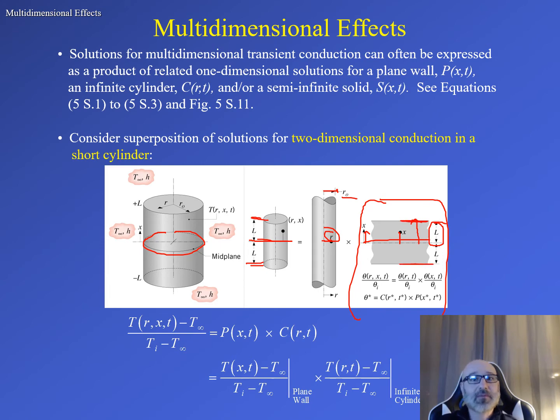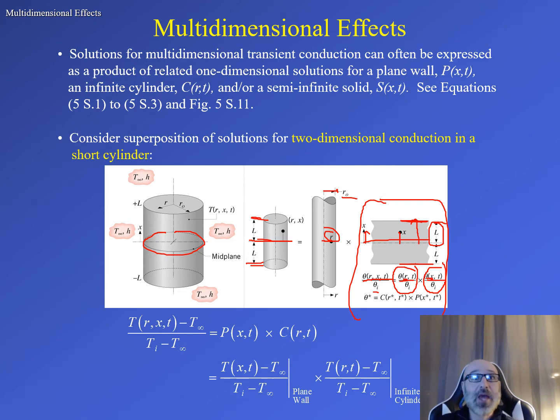Now, taking a look at this relationship, we're talking about our theta terms over theta sub I. So theta with respect to R, X, and T over theta I can also be written as theta of R comma T over theta I, times theta of X comma T over theta I. So we can look at these in terms of radius and position off the midplane separately and multiply those together.